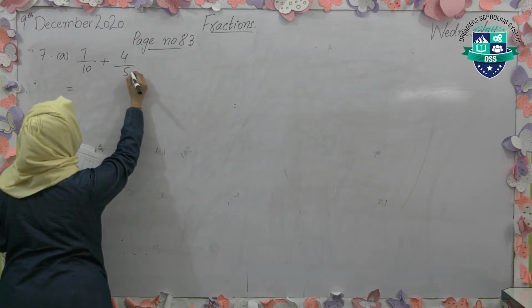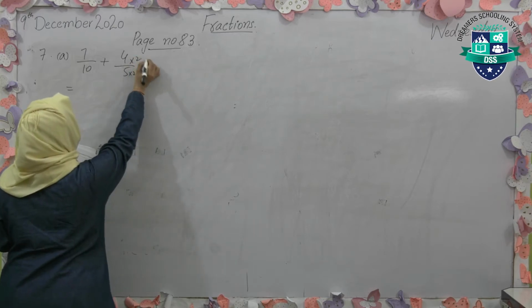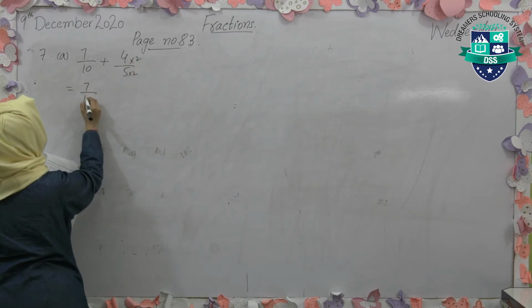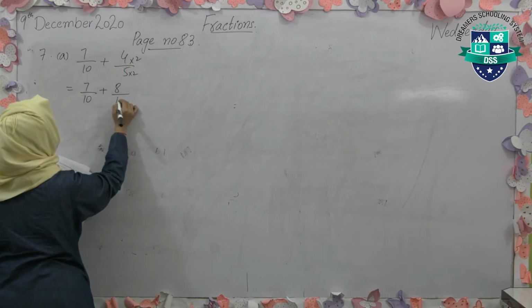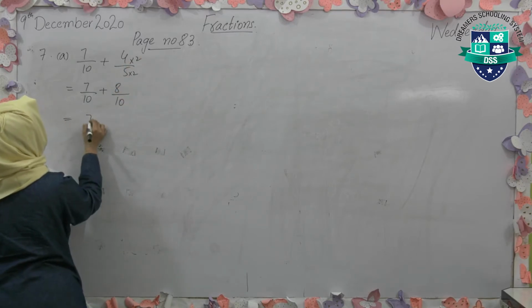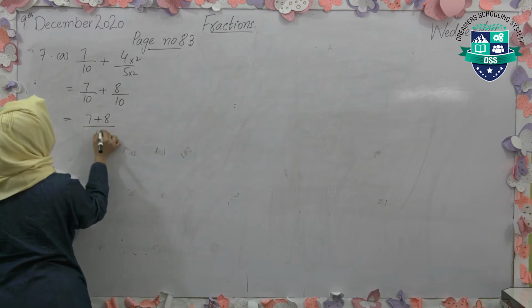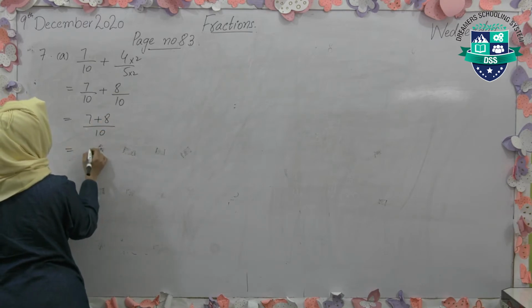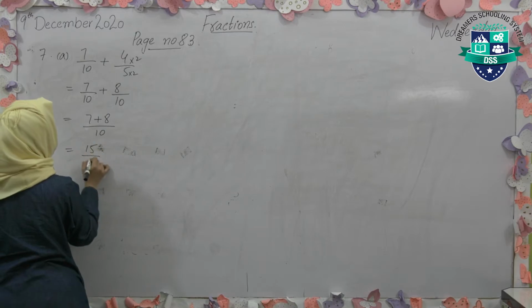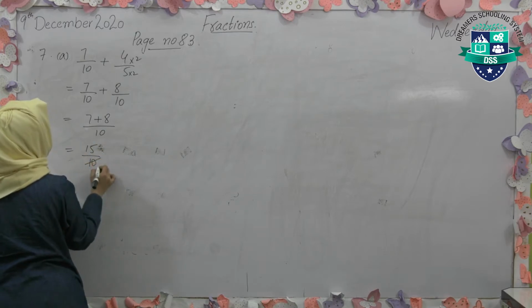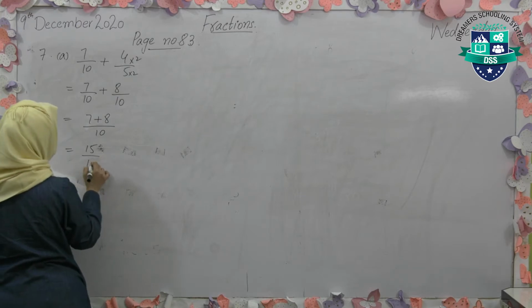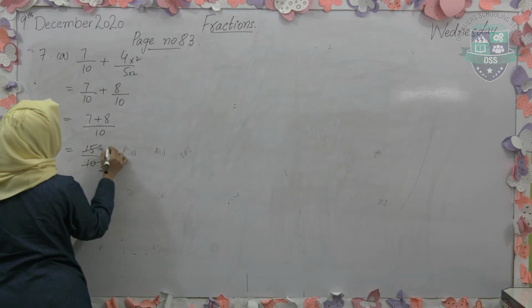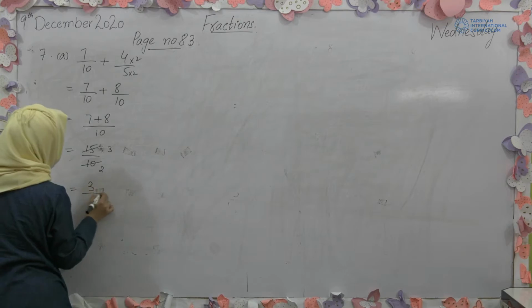We will multiply, 5 2s are 10, 4 2s are 8. 7 plus 8, 15 by 10. 5 2s are 10, 5 3s are 15, 3 by 2 is the answer.